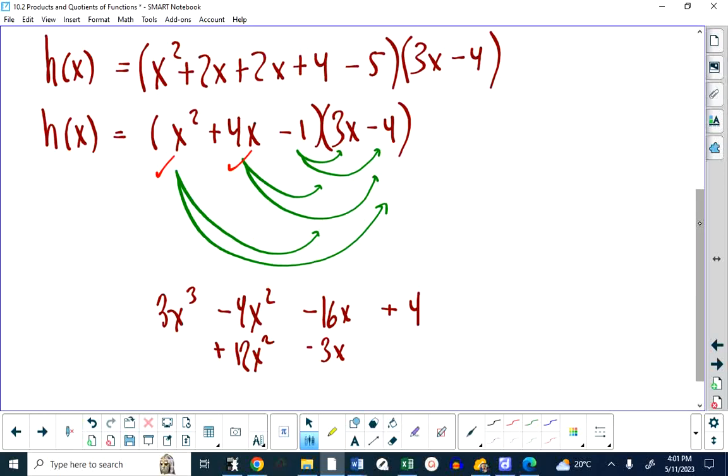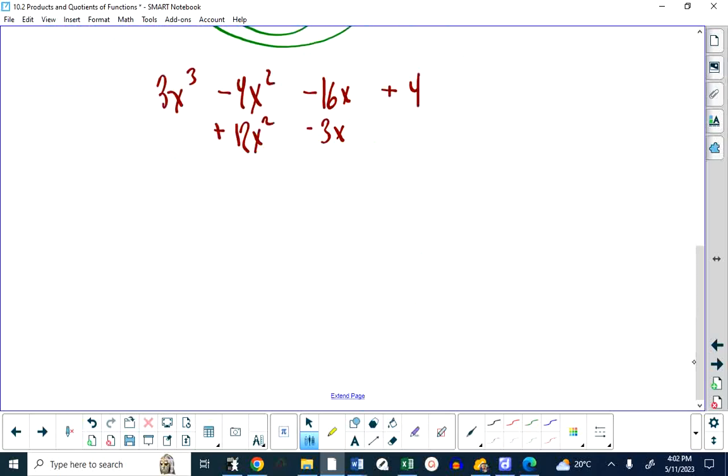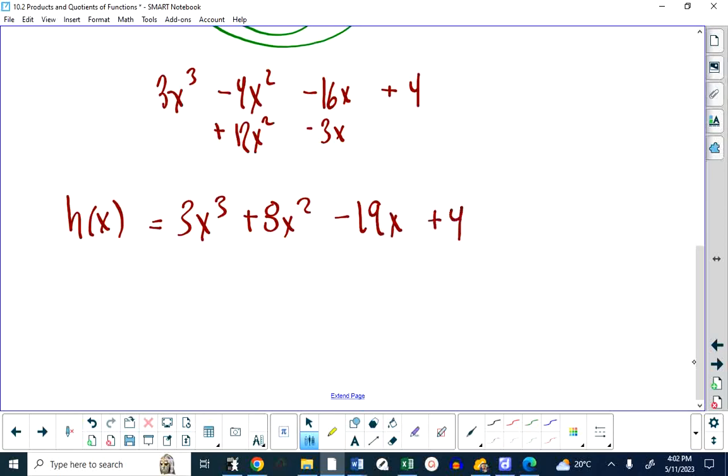Negative 3x, we also have the 4, we have the negative 16x. It's all good. So what this simplifies to, I'm just going to double check it again. Negative 4x squared, then we have 12x squared, and then we have negative 16x, negative 3x, and positive 4. We're good. When we add all of these terms together, this is what we get for h of x. 3x cubed plus 8x squared minus 19x plus 4.